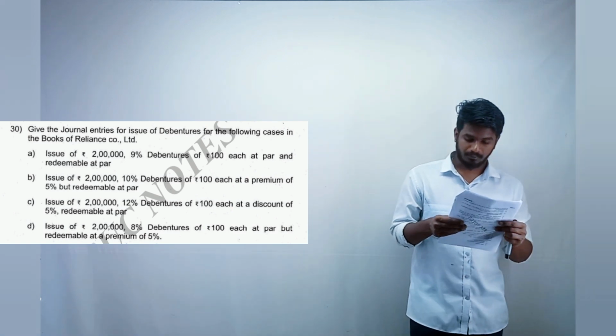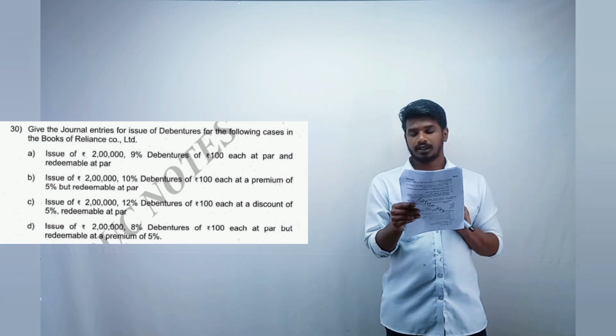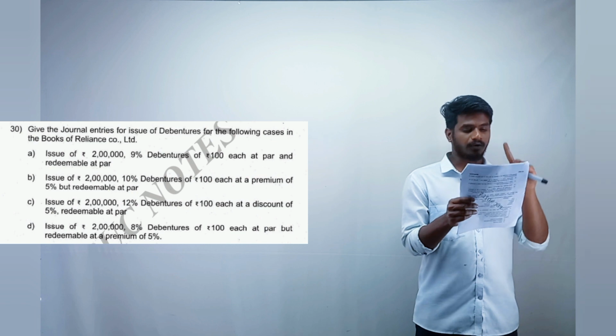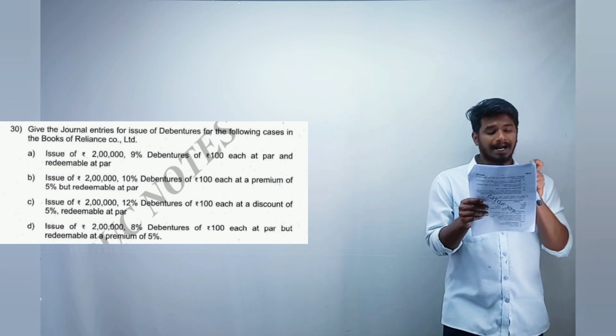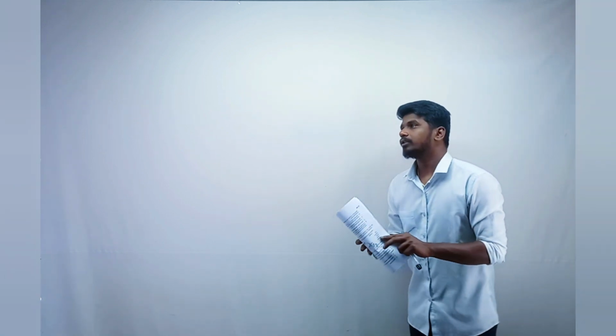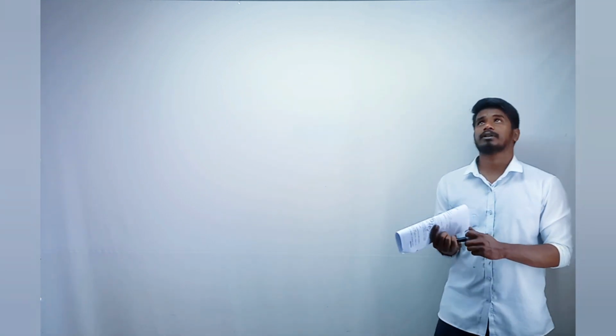So you can see on the board. The first is issue of 2 lakh 9% debenture of 100 each at par and redeemable at par. Correct. So the second one, we'll read with the solution only, so we can start solving the question.